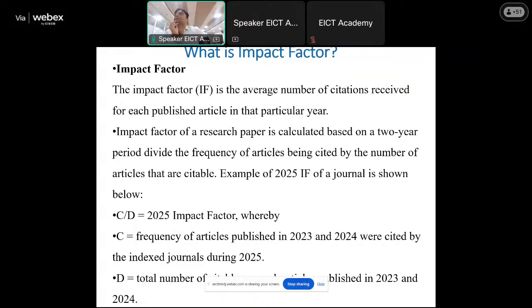Yes, I expect an answer. If a journal's impact factor, let's say, not necessarily. No. Very good. Okay. So it is not a vice versa case.